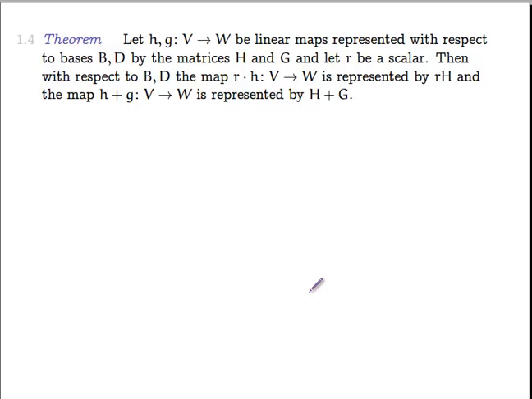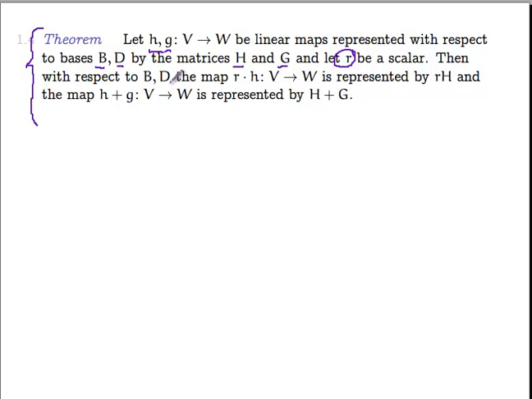Okay? Let's generalize the result that we showed for the particular case. Let h and g be linear maps from V to W, represented with respect to fixed bases B and D by the matrices capital H and capital G. And let r be any scalar.